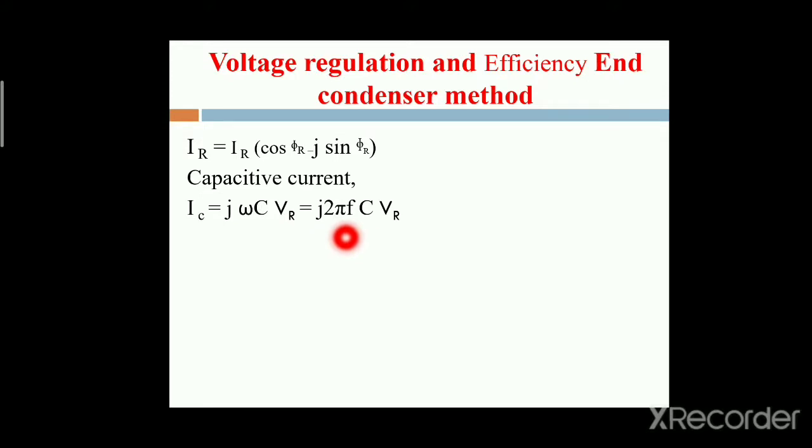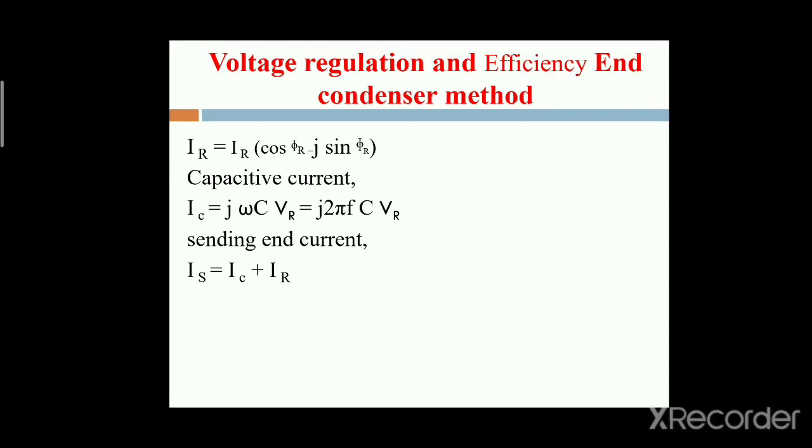Omega is equal to 2 pi f. Then it is equal to J 2 pi f C into VR.